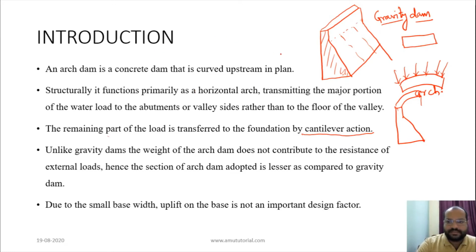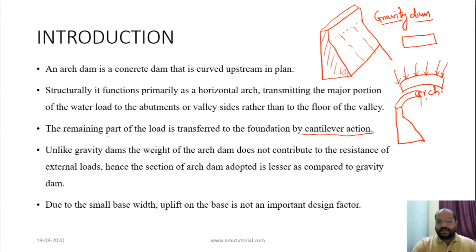Also, since in a gravity dam the main stabilizing force is the weight of the dam, the section of a gravity dam is very massive. The weight of the dam is very high. It is a massive dam.